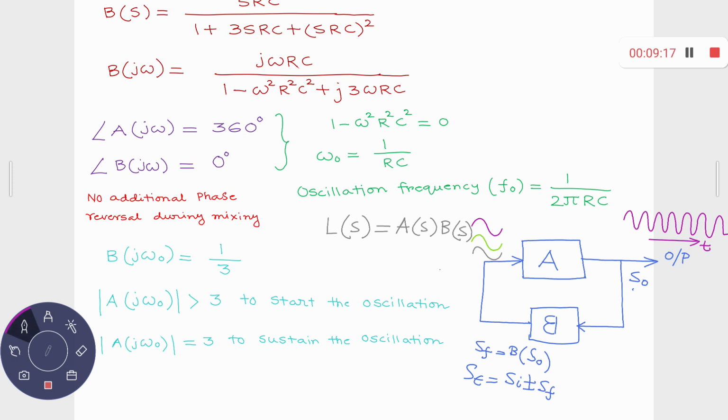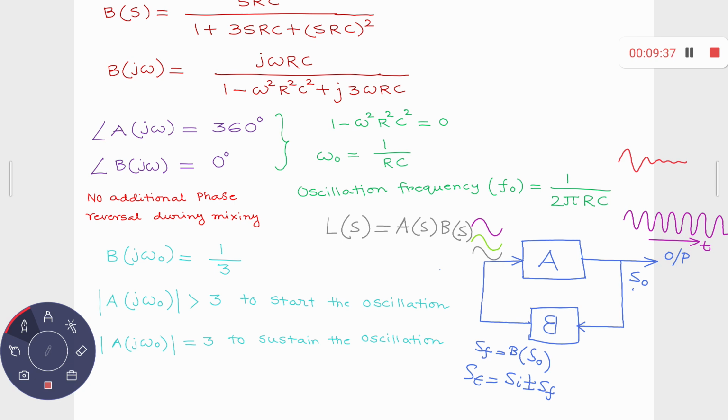Now, suppose output looks something like that. Say for example, it's a damped oscillation. That means this mod A(s)B(s) is equal to 1 and angle A(s)B(s) is equal to 0 degree. That's satisfied, damped oscillation.